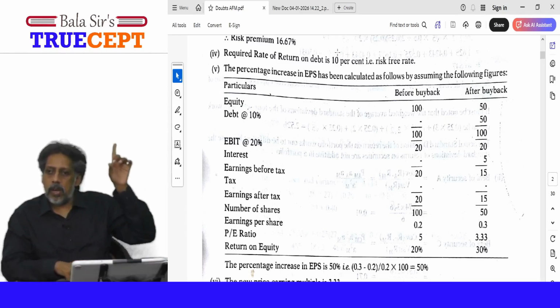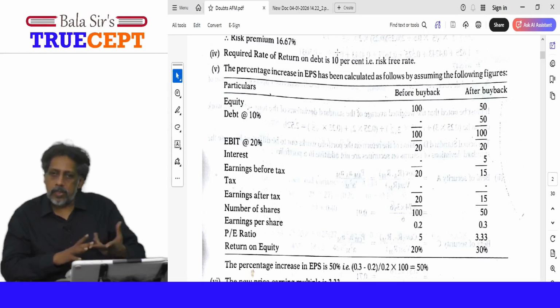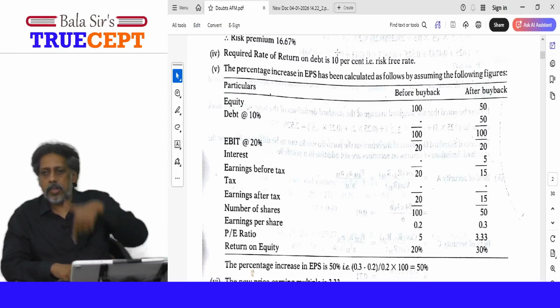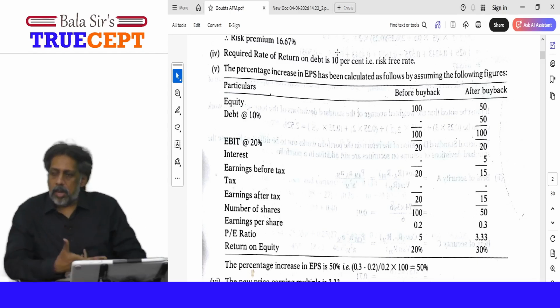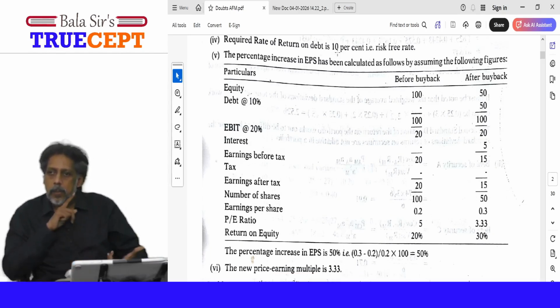So what is the profit before tax? It is 20 and 15. Income tax is nil. And what is the profit available to shareholders? 20 rupees and 15 rupees. Next line, number of shares is 100 and 50. So earnings per share will become 20 paise and 30 paise per share.